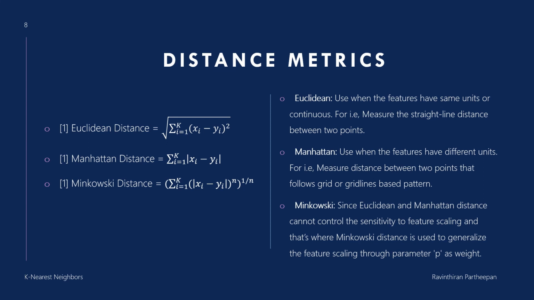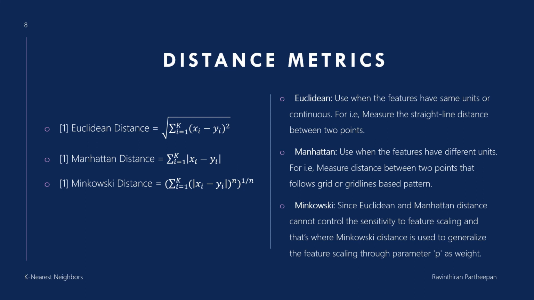So you can also ask me when we can use these distance metrics. For example, we can use Euclidean distance when we have the same units in the features. Let's say one feature is in centimeters and another feature is also in centimeters, then you can use Euclidean since it is based on the same units or it is continuous.